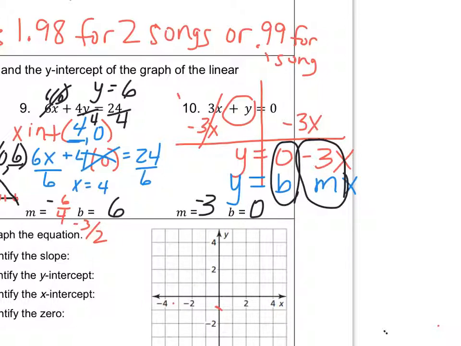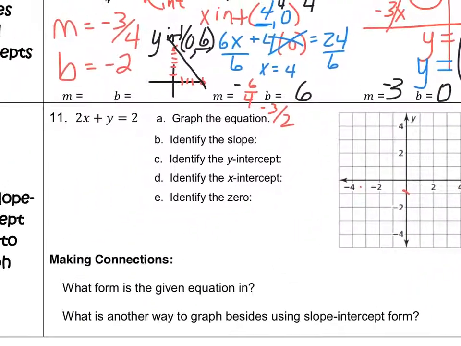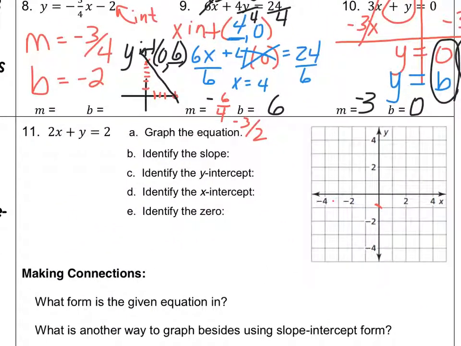Okay, for the next one, we've been given an equation. Again, the y has a coefficient of 1, so it's going to be easier to just go ahead and solve this thing for y. So I'm going to draw my line, I'm going to circle my y that I'm solving for. I'm going to say minus 2x on both sides.